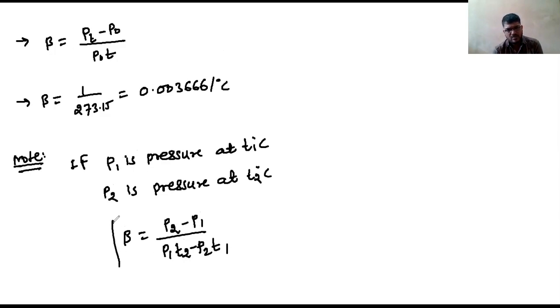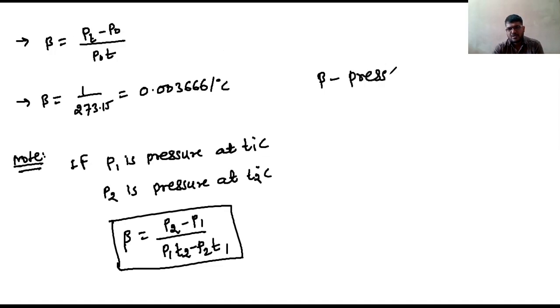You know how you got this. You can do it yourself also if you have doubt. Just substitute in the formula and you will get this beta value. And what is beta called as? Beta is the pressure coefficient of gas.